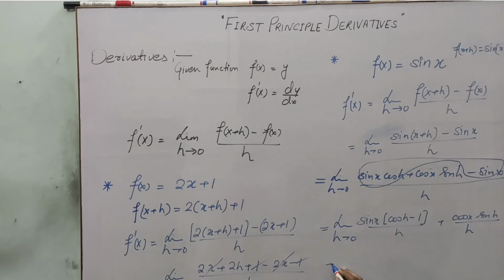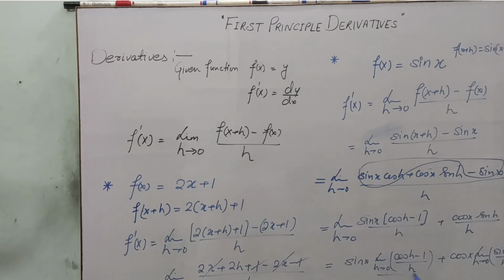We are going to implement: sin x, limit of h tends to 0, (cos h - 1) upon h, plus cos x, limit h tends to 0, sin h upon h.